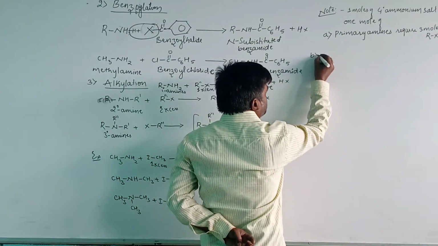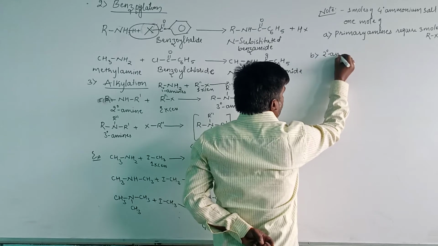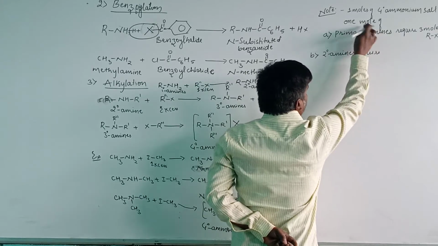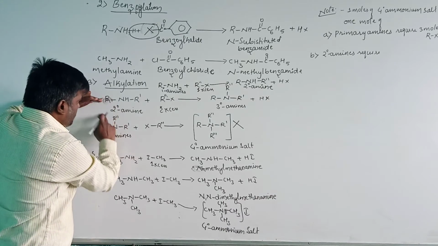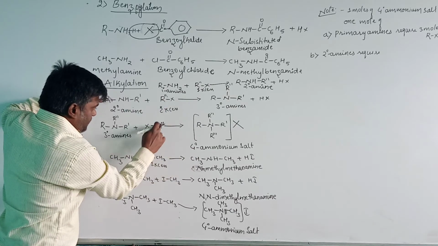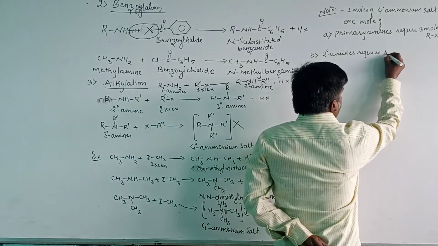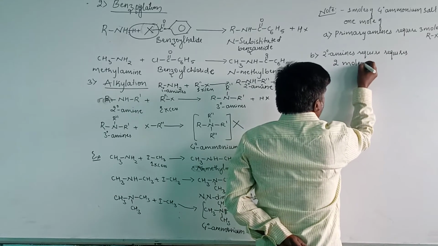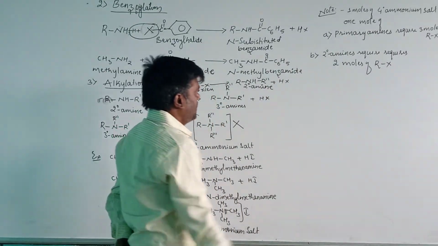Second note, that is B: secondary amines. When 1 mole of secondary amine is converted into the quaternary ammonium salt, it requires 2 moles of alkyl halide.